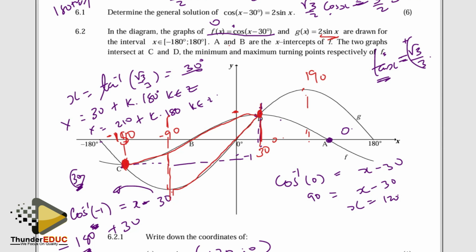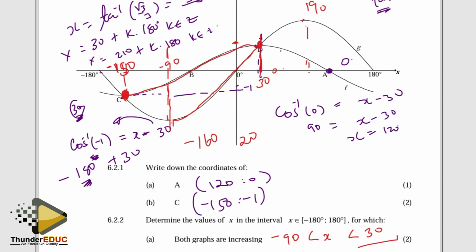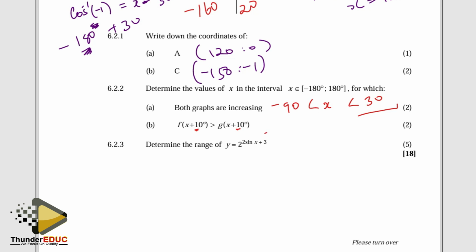And then the graph is being shifted to the left, which means it's going to be -160 to the left. It's going to be 20. Okay. So that is going to be -160 is less than x is less than 20. And then find the range of that.